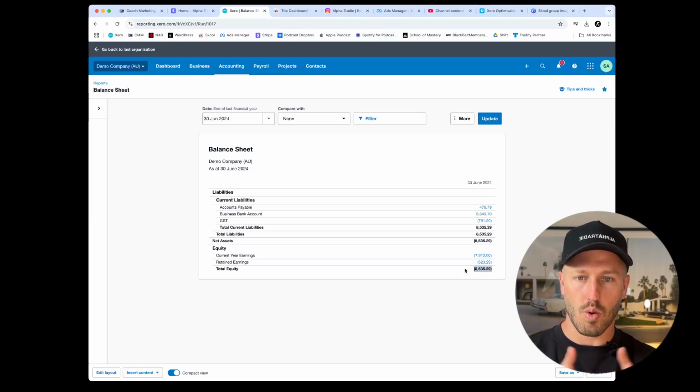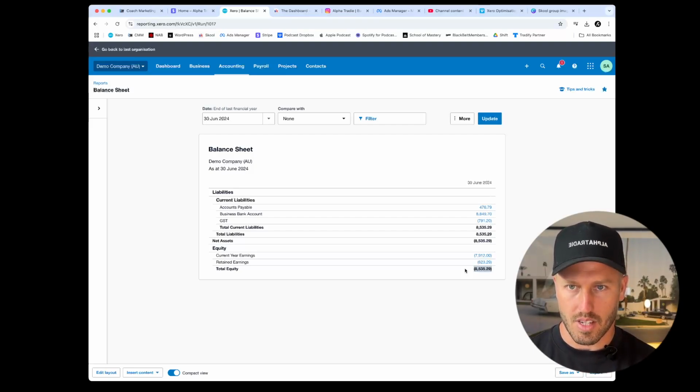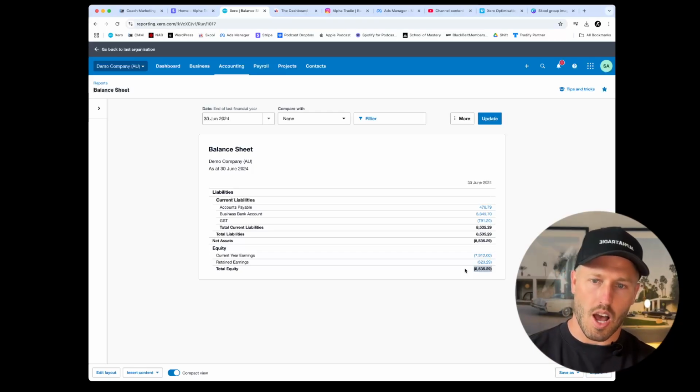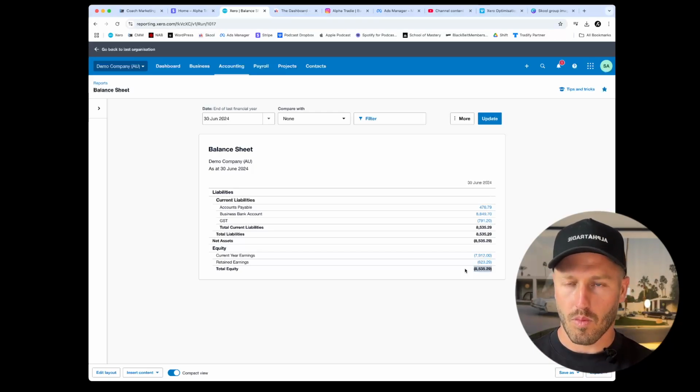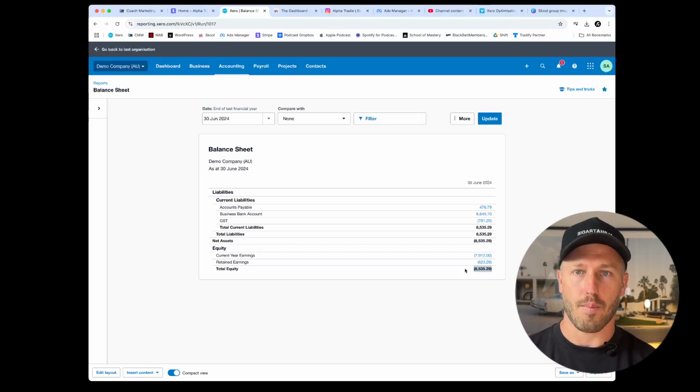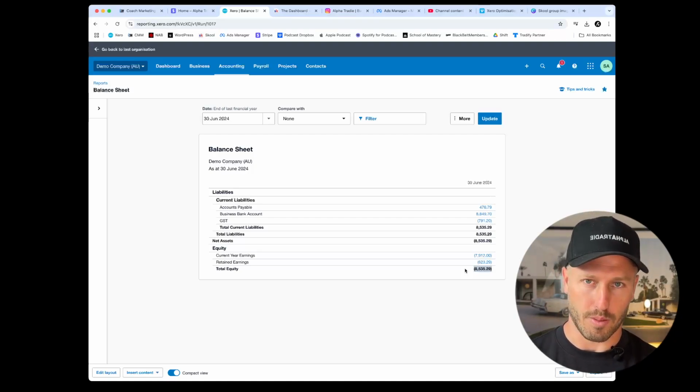So if we wanted to quit and hang the boots up or hang the tool belt up, it would cost us $8,500 to get out of this company. The opposite side is if you're in quite a good position, you may find that if all's said and done, you may be able to close up the company and have $200,000, $300,000, $400,000, $500,000 of cash left over.